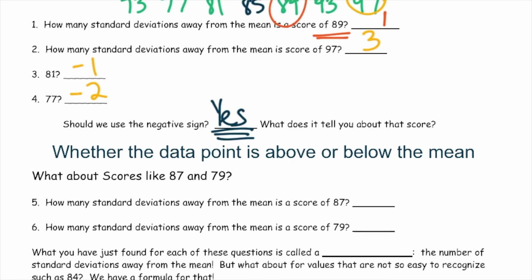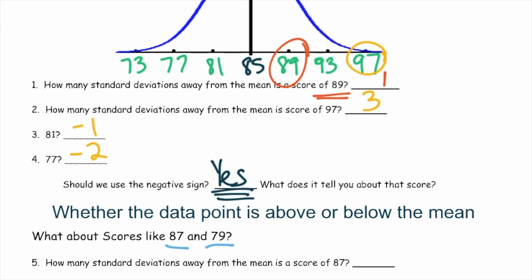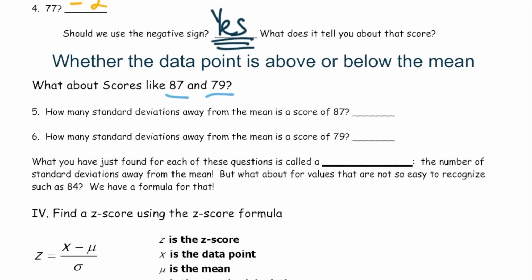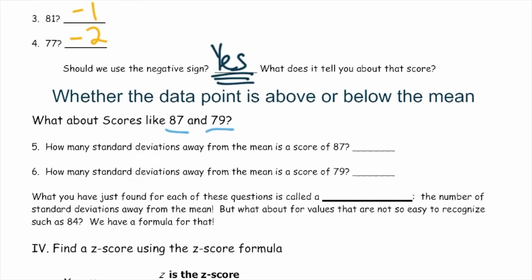Now, scores like 87 and 79. These scores here are not going to fit in our perfect standard deviation. 87 is sort of between that first one, and 79 is sort of between down here. But because we know the standard deviation is exactly 4, and those are 2 above or below something, we can go with half standard deviations.